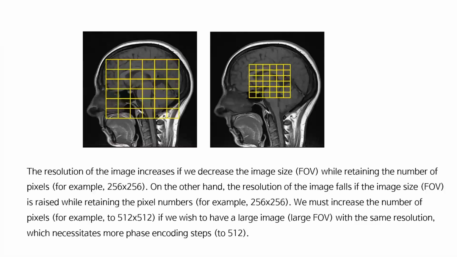The resolution of the image increases if we decrease the image size while retaining the number of pixels. So we retained the number of pixels, but if we decrease the image size, then we have the high resolution image.